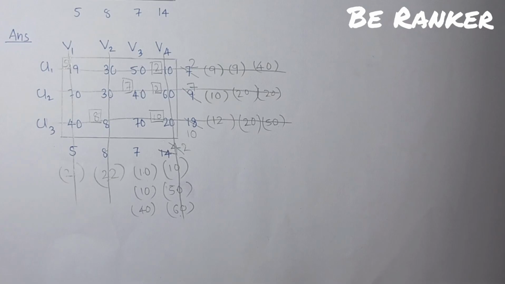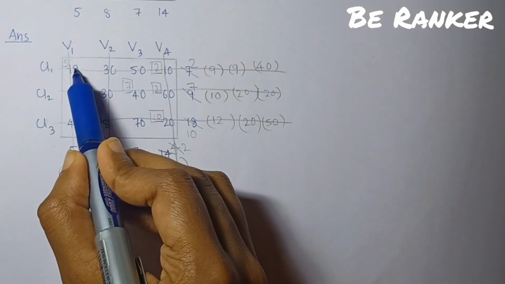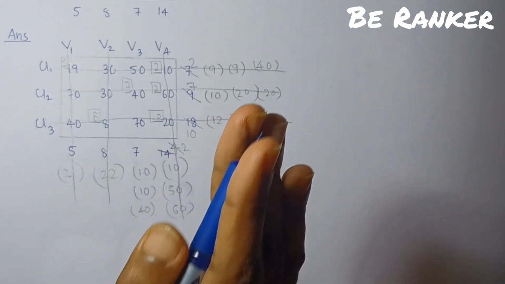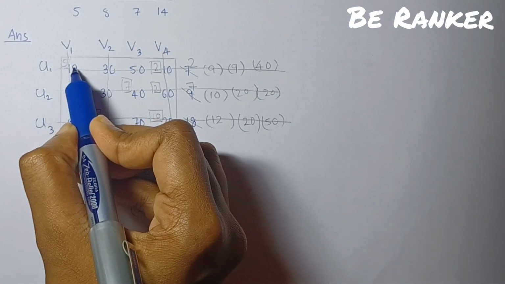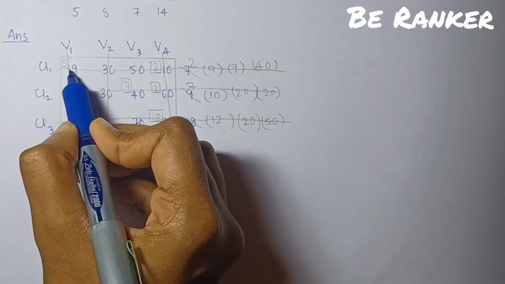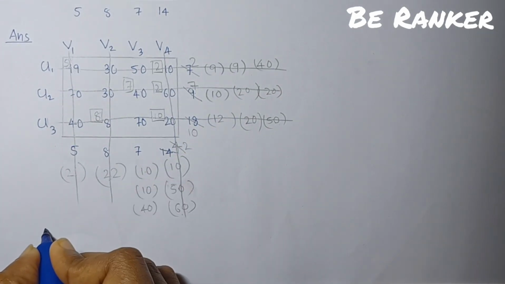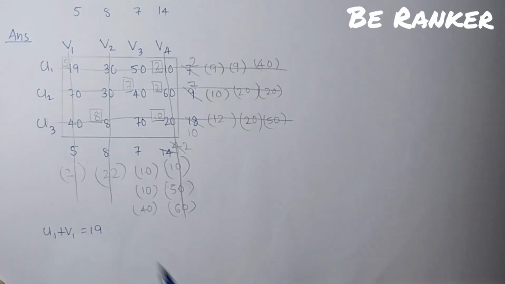Now I want to write each allocated cell value as the sum of these U values and V values. For example, the first cell is an allocated cell, so I write 19 is equal to U1 plus V1. You got it? U1 plus V1 is equal to 19.